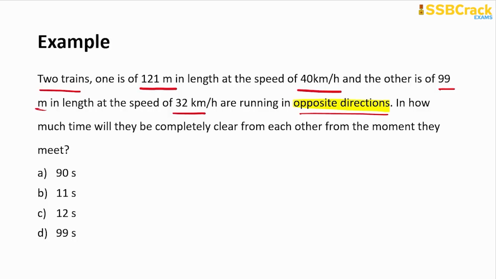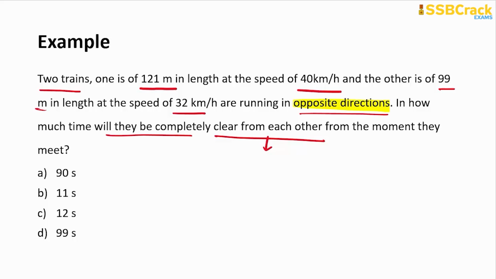So opposite direction is mentioned, and now they have asked in how much time will they be completely clear from each other. It is nothing but the condition. They ask the time they cross each other from the moment they meet. So they have asked you the time of crossover of two trains running in opposite directions.